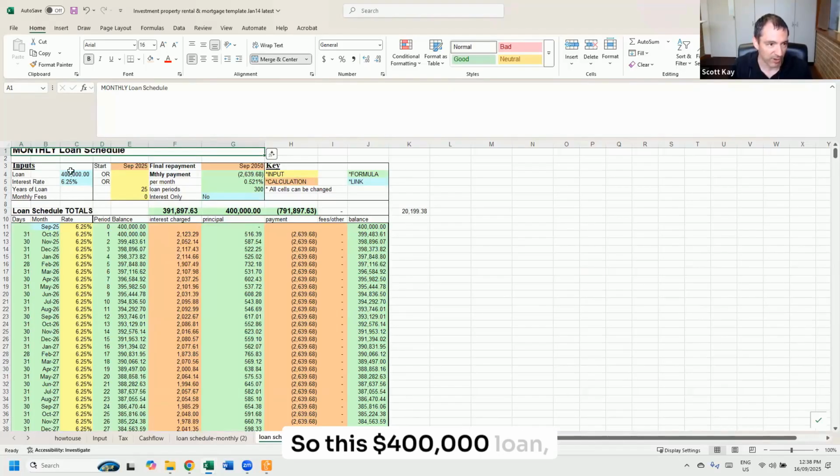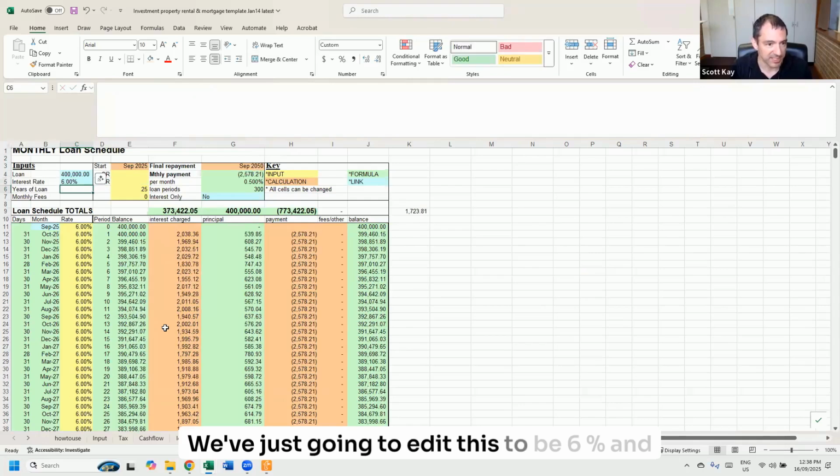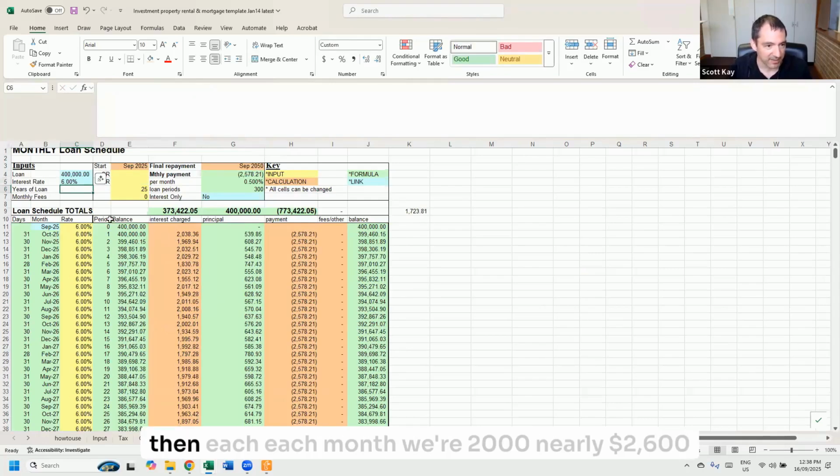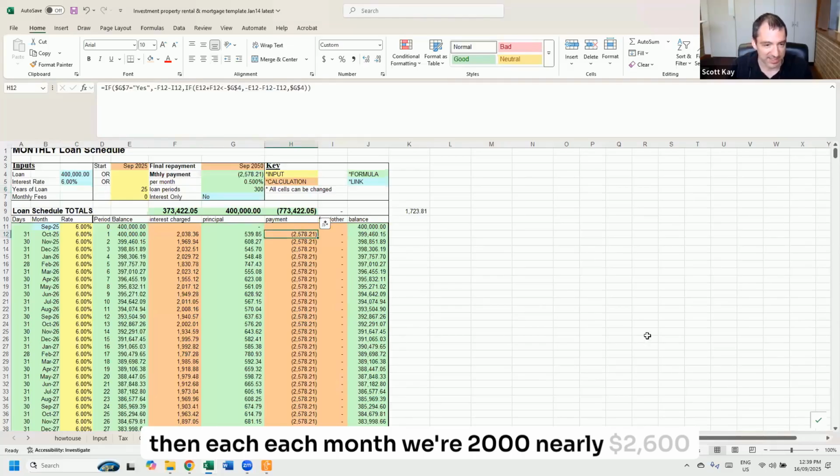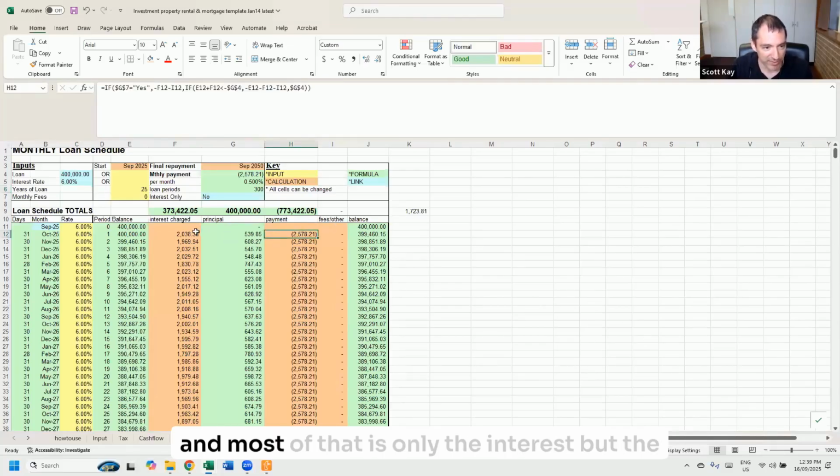So this $400,000 loan, I'm just going to edit this to be 6%. And then each month we're paying nearly $2,600. And most of that is only the interest.